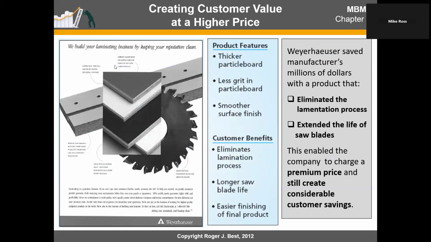So here, just kind of drilling into some of these elements.